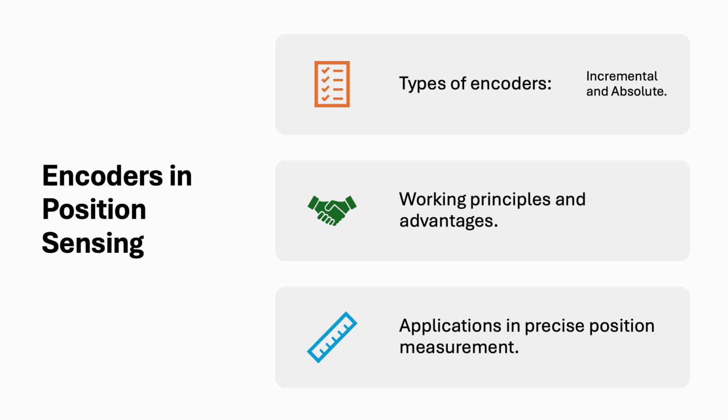Meanwhile, in the assembly line, incremental encoders assist in tasks requiring repetitive precision movements such as placing tiny electronic components onto circuit boards. By integrating these advanced position sensing technologies, the laboratory's robotic system achieves unparalleled levels of accuracy and reliability, pushing the boundaries of what is possible in both medical and manufacturing fields at the same time.